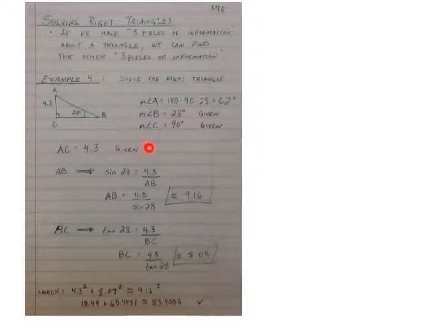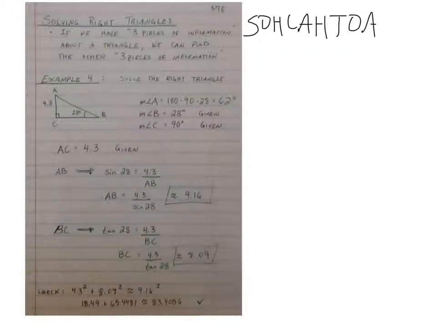They give us one side, and let's look for the hypotenuse first. So I'm going to use my known angle of 28 degrees, and I'll say the known side is the opposite of 28 degrees, and I'm looking for the hypotenuse. So I recall from SOHCAHTOA that the one that includes opposite and hypotenuse is sine.